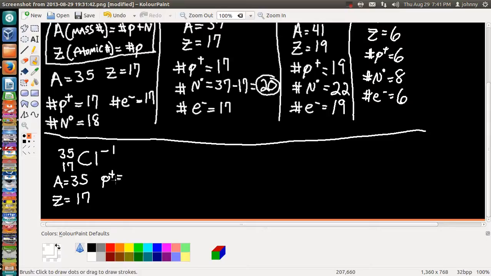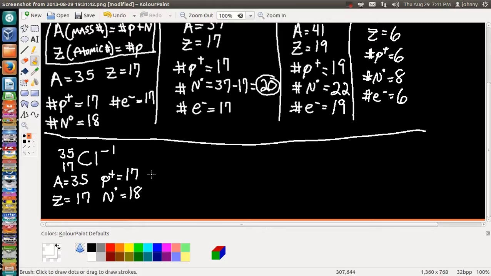Our proton count will remain the same, which is 17, because remember, if you change the proton count, you change the element. Now, let's get our neutron amount. Our neutron amount is once again achieved by taking our mass number and subtracting our atomic number. So you subtract those two numbers there and you get 18.